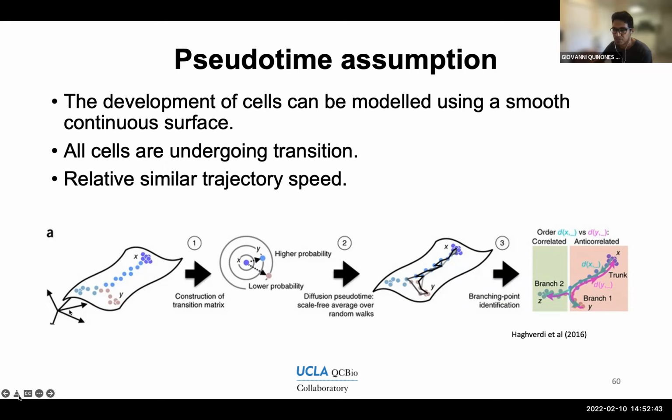The motivation was that in this multidimensional space, we can come up with a surface, a projection of these points, that represents this time step transition from one type of cell into another type of cell.